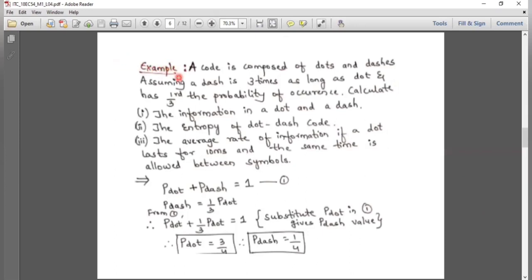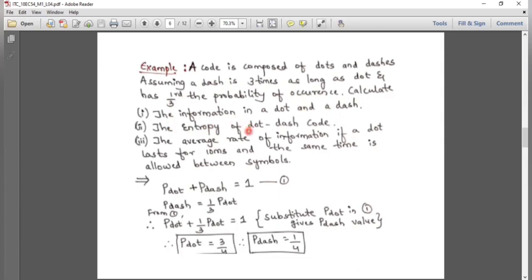Consider example 2. A code is composed of a dot and a dash. Assuming a dash is 3 times as long as dot and has 1/3 the probability of occurrence. Calculate the information in a dot and a dash.